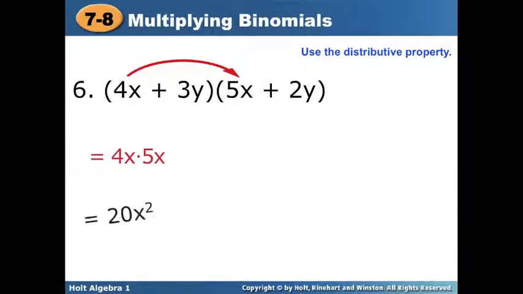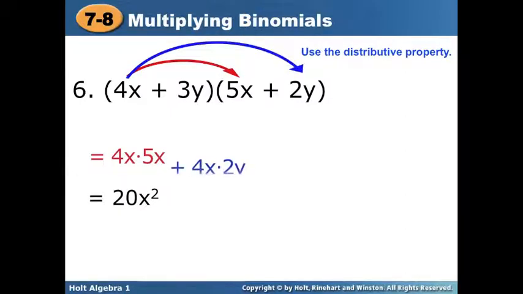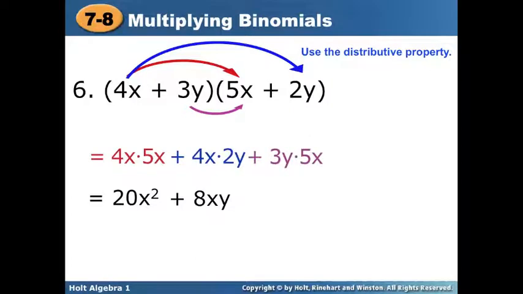4x times 5x is 20x squared. 4x times 2y, think about 4 times 2 is 8, and then x times y is just xy. 3y times 5x, 3 times 5 is 15, and x times y, you want to write those in alphabetical order.